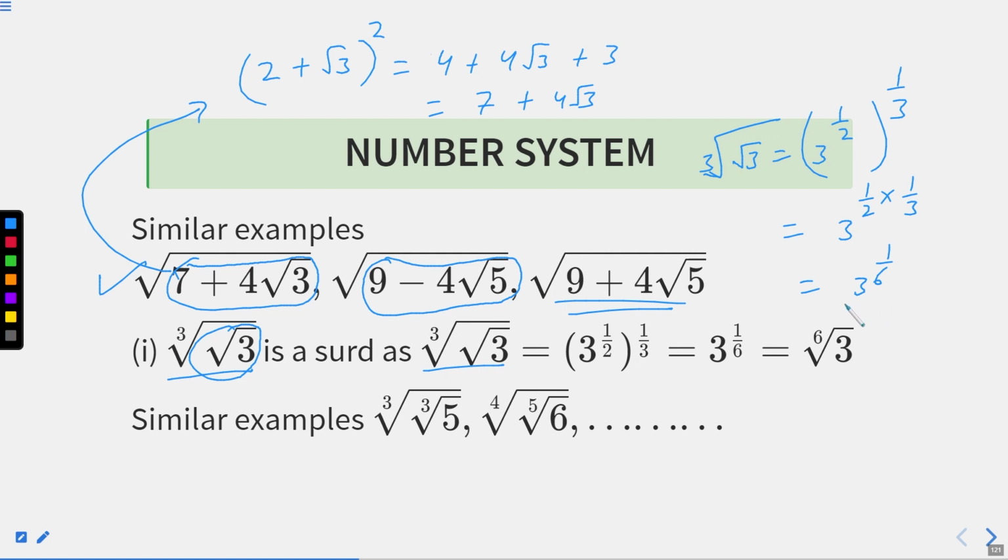Or I can rewrite it as the sixth root of 3. Similar examples are here. These are all examples of surds. I hope from the examples you can easily say explicitly which are surds and which are not.